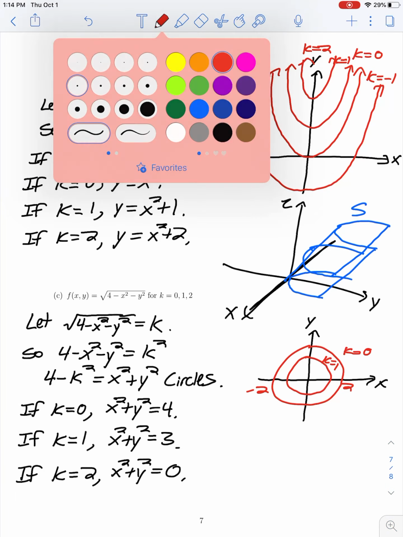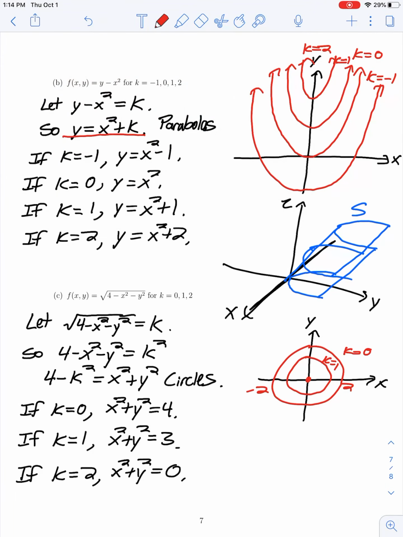So that would be a circle of 0 radius, or just the single point consisting of the origin, if k is 2. So for our surface, as we're moving upward from the xy plane, that is, the larger we're taking the value of k, we're getting circles of a smaller radius. So here we're actually looking at part of a cone that is below the plane z equals 2.